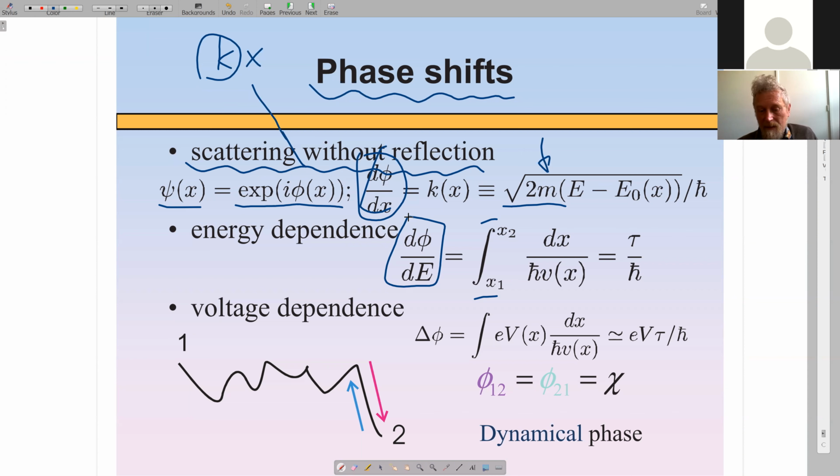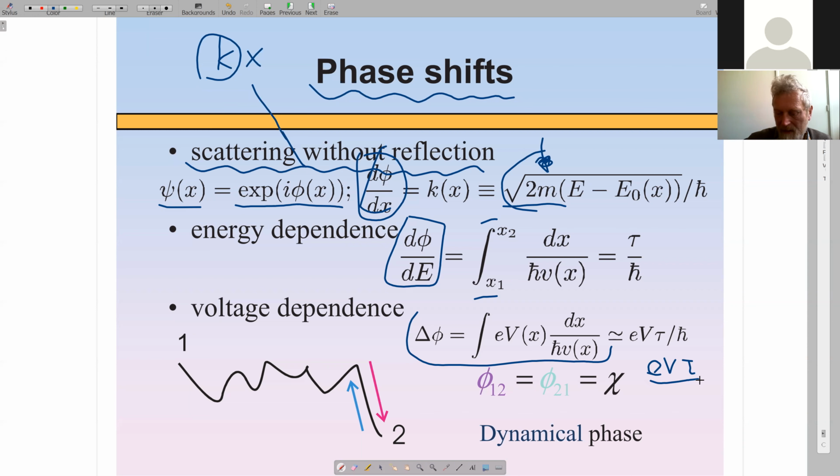Fine. Voltage dependence. I'm talking about dependence on the gate voltage now. So let us see, we do the same. Basically, we expand it in terms of small voltage. This expression, that's what I have. It is again inverse velocity. So the total shift is roughly voltage times time.